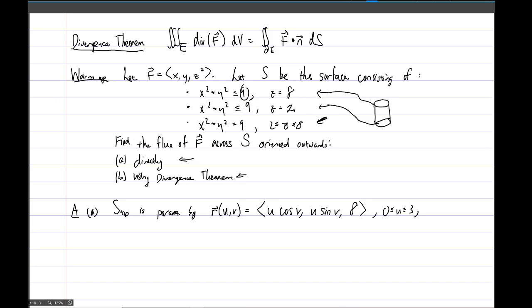Go up to radius 3 because of the 9 on the right side of the inequality. And then v going between 0 and 2 pi. So this might be a decent place to pause. You can guess how my parameterization of the circle on the bottom is going to look.